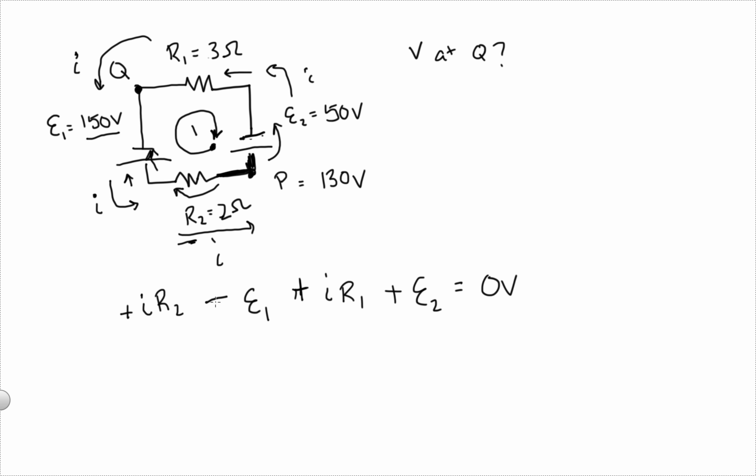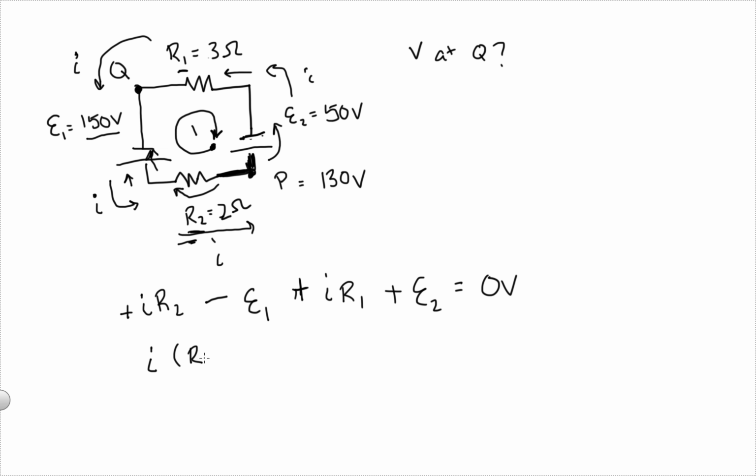And so let's solve this for I, because it's going to allow us to then compute the actual drops across either resistor, depending on whichever way we end up going here. So let's solve this for the current, which is the only unknown in this problem.